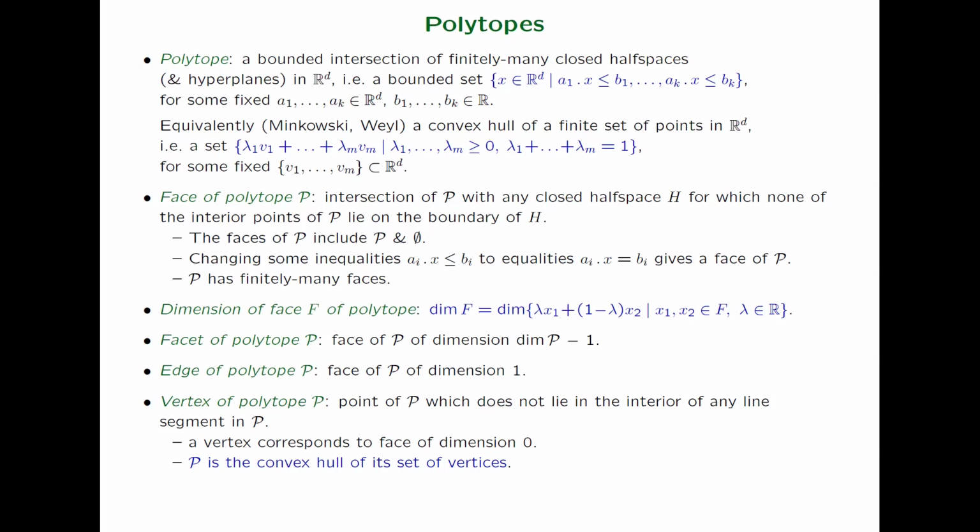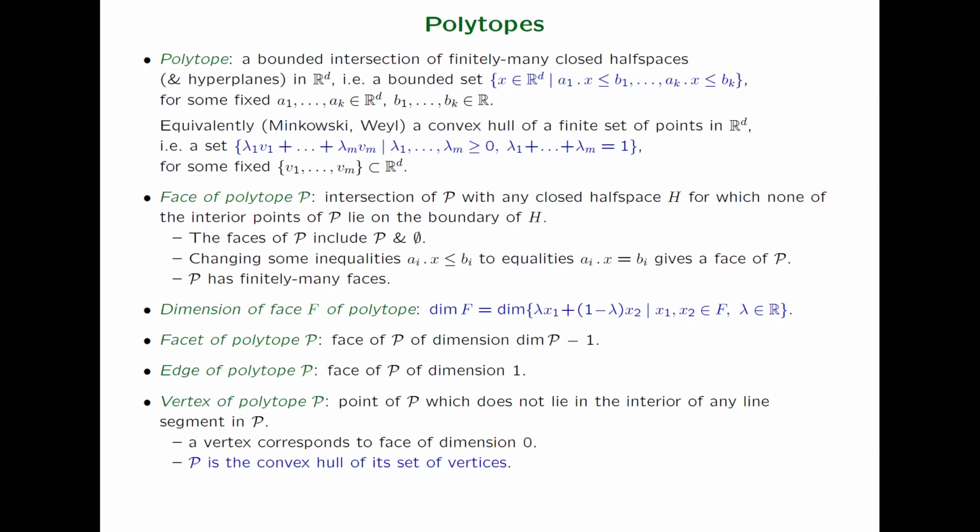It's not completely trivial, but it's possible to show, and this is due to Minkowski and Weyl, that equivalently, the polytope is a convex hull of a finite set of points in R^d. So in this case, you would take finitely many points v1 up to vm in R^d, take the linear combination lambda1 v1 up to lambda m vm for non-negative real lambdas such that the sum of the lambdas is 1.